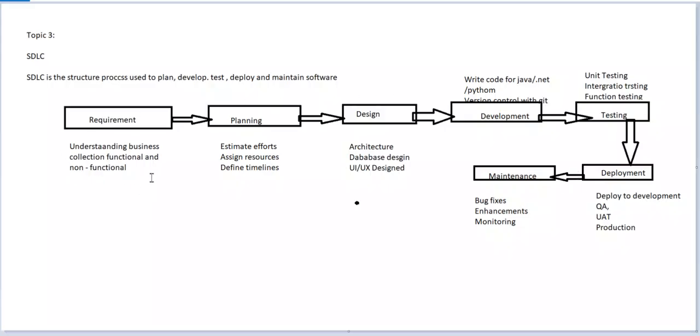This structured process is used for gathering information, estimating efforts, architecture, writing code in Java, .NET, Python, unit testing and different testings, deployment to dev, QA, UAT, prod, then maintenance like bug fixing, enhancement, monitoring.